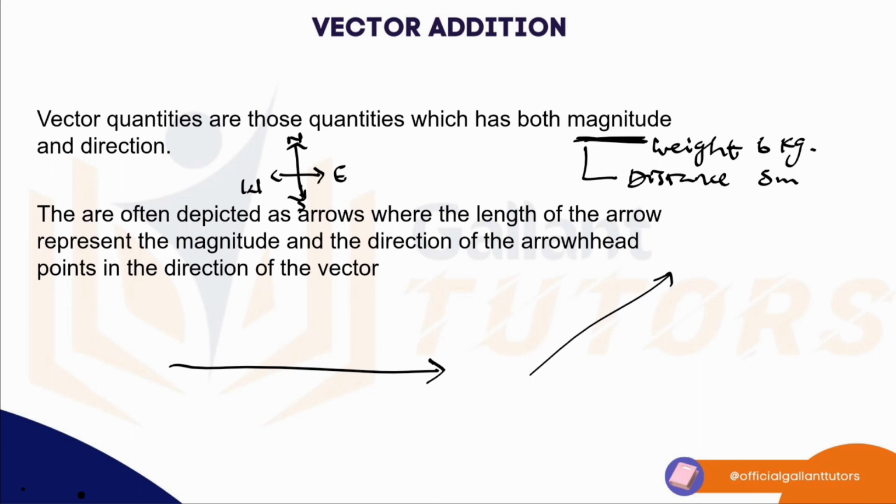Sometimes it can be this way. The length, from here to here, talks about the magnitude, while the direction which this arrowhead is pointing talks about the direction.